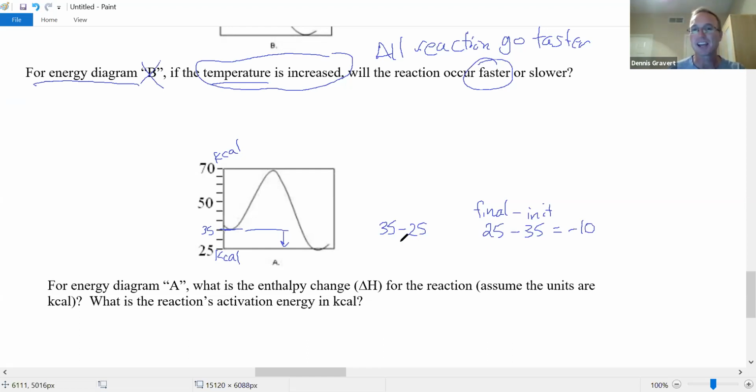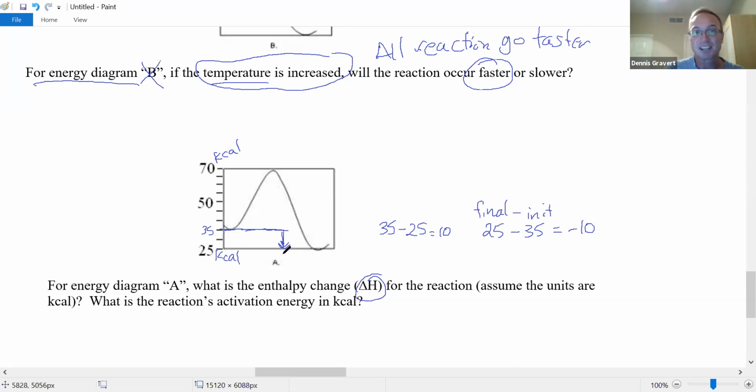If you do 35 minus 25 and you get 10, when we report delta H, realize you're going down in energy. Is this endothermic or exothermic? You're releasing, you're the fire, be the fire, and release the energy and turn to ashes as all your energy exits, because you're exothermic. And exothermic means you're losing energy, it's negative.